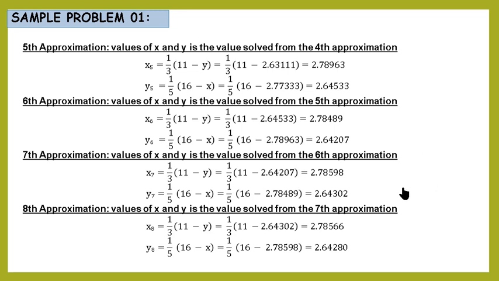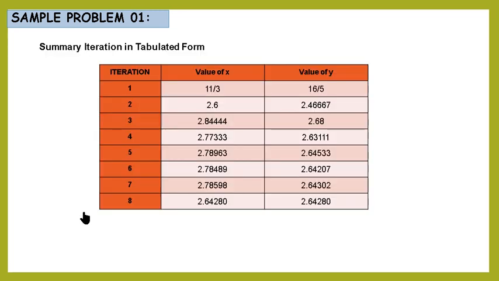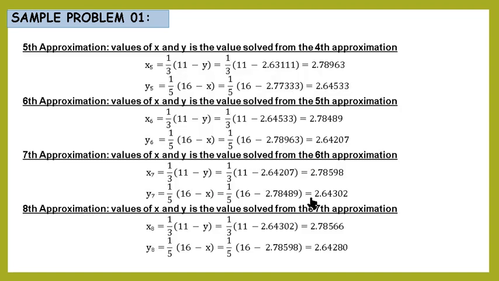So, pag inulit-ulit natin yan, we have 8th approximation. So, pag tinitignan natin yung 7th and 8th approximation natin, magkaparehas na yung ating value for x and y. So, we have 2.785, 2.785. So, magkaparehas na, di ba? And then, approximately equal na sila.